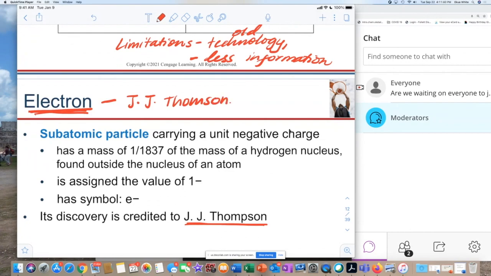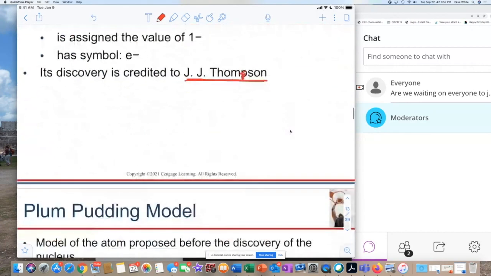So he was doing a lot of work. It's funny that they spell it with a P here. I would spell it with just no P. Anyway, he was doing a lot of work and he discovered that there were electrons inside the atom. How did he discover this?